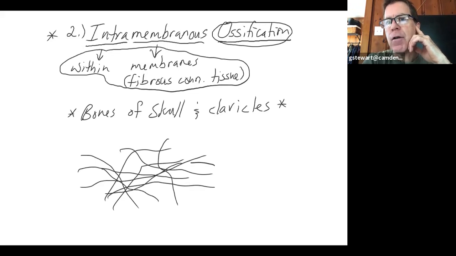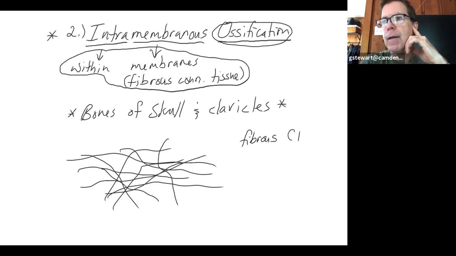So I'm just going to draw that. I'm just going to write fibrous CT. That's what we're starting with. There are mesenchymal cells, those embryonic connective tissue cells, in this mass of tissue. I'm going to repeat this.